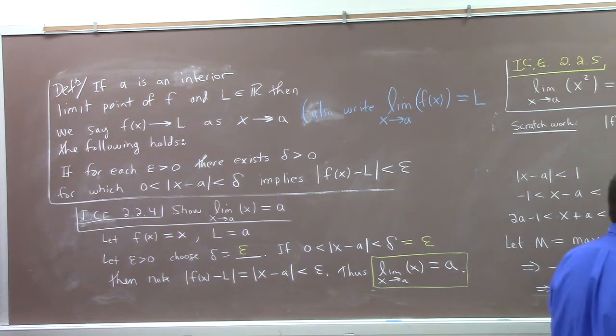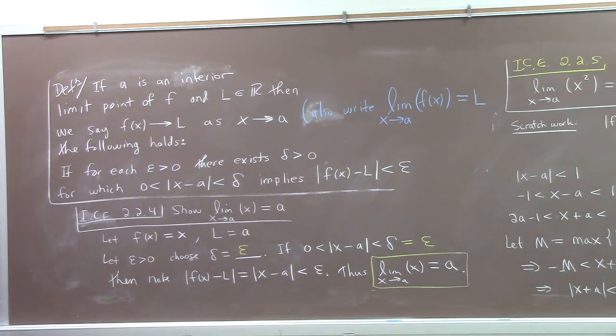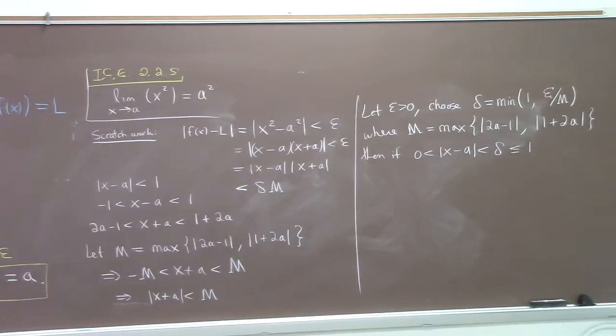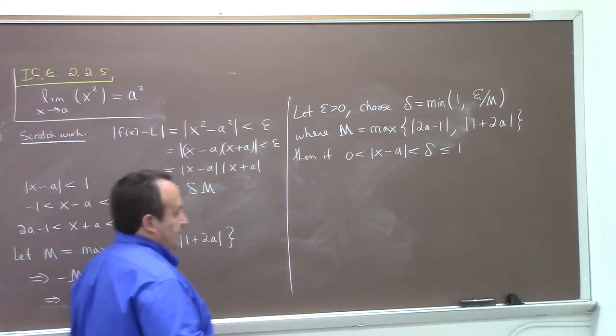All right? Then if 0 is less than the absolute value of x minus a, which is less than delta. Well, delta is less than or equal to 1 by construction. Right? That's the trick. And so then what?